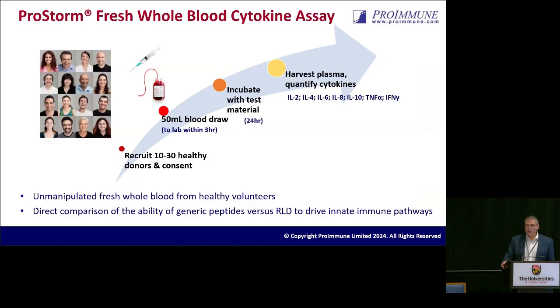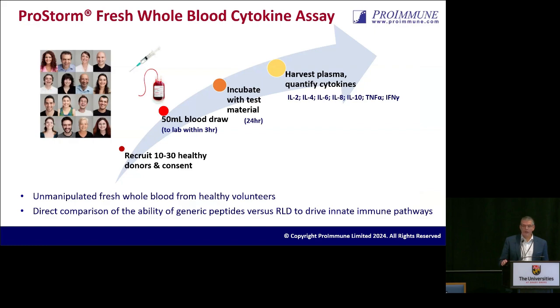So how do we perform our ProStorm fresh whole blood assay? This is unmanipulated fresh whole blood sourced from healthy volunteers. These donors are recruited and informed consent is taken on a panel of donors, depending on the size of the study. Typically around 50 mL of blood is taken into anticoagulant vacutainers and taken straight into the lab.